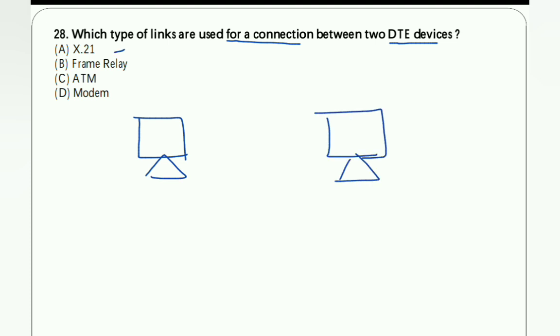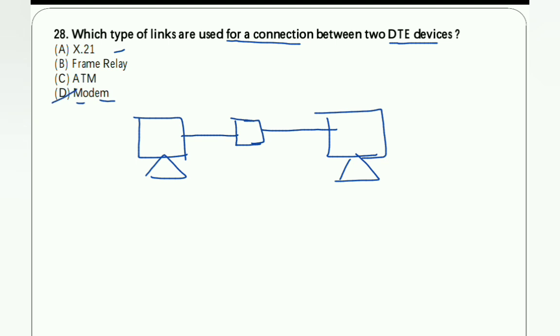X.21, frame relay, ATM or modem. So basically we need a modem here to establish a communication between the two systems, because modem means modulator and demodulator. So it will modulate and demodulate the signals between the two computers. So modem is required here to establish the communication between two DTE devices.